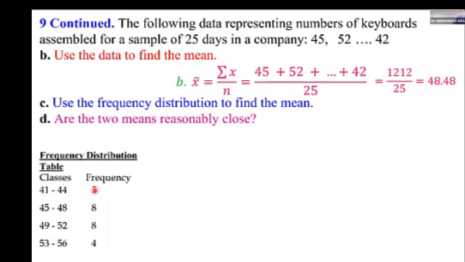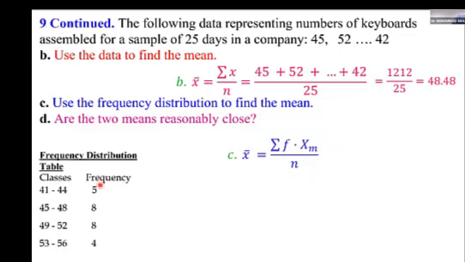So what they do is say, let's assume all of them are in essence equal to the midpoint of that class. They add up these two, 41 plus 44, and divide by 2, and they get 42.5. They get the midpoint here. They get the midpoint for the rest of them by adding the width. Then they use the formula summation of f times x sub m over n.